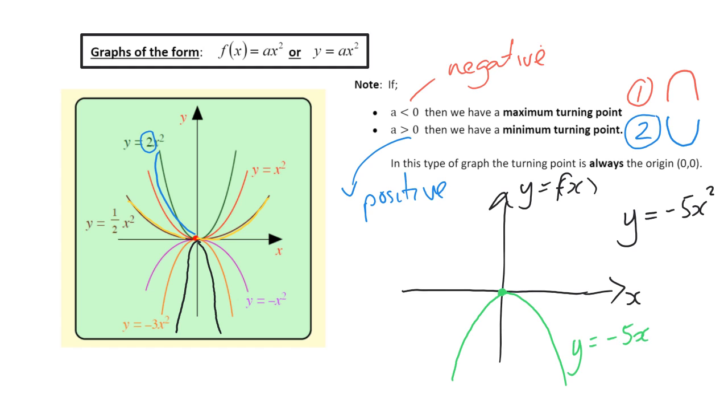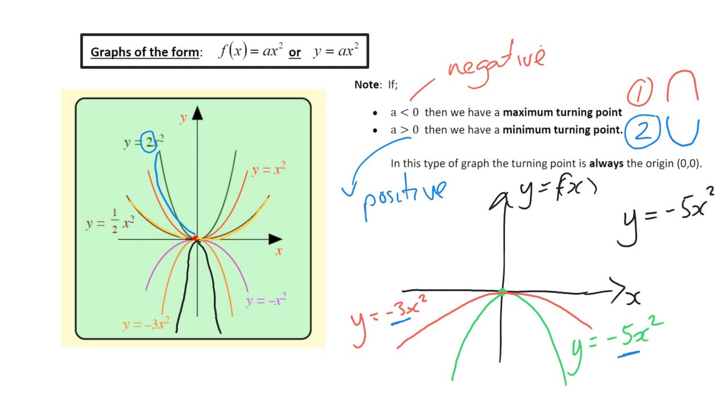Now, only if we decided to have something that was a little bit smaller than the 5 would we be able to relate that. So for example, if I was to draw a red graph that was slightly more shallow, then that red graph could be something like negative 3x squared or negative 4x squared, where the 3 is less than the 5.